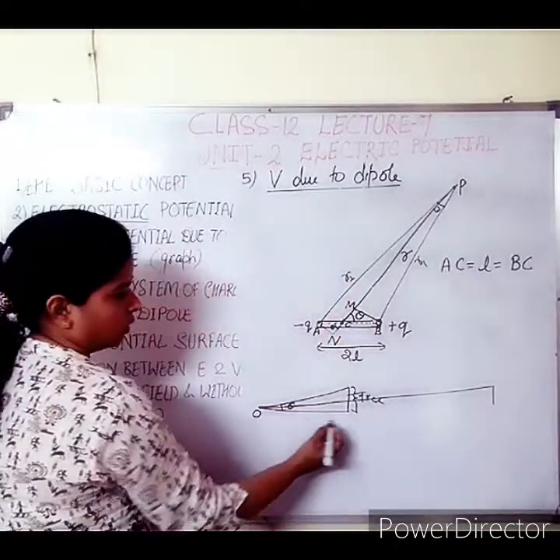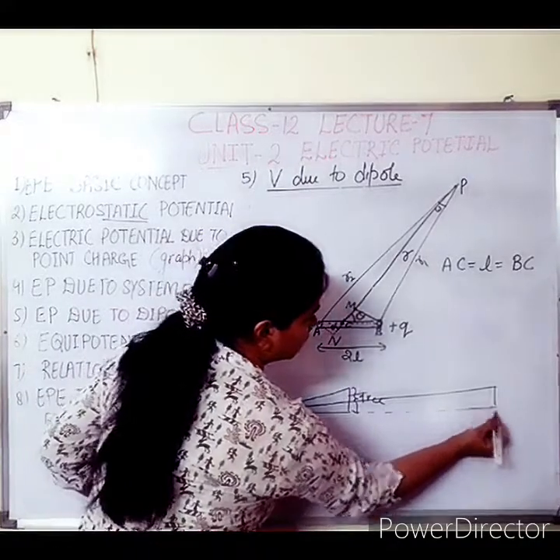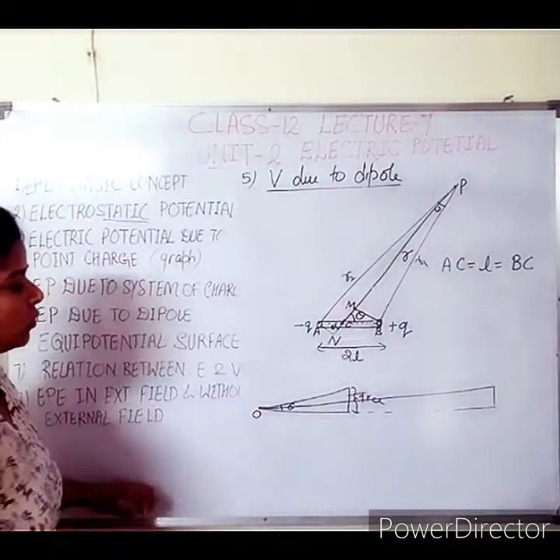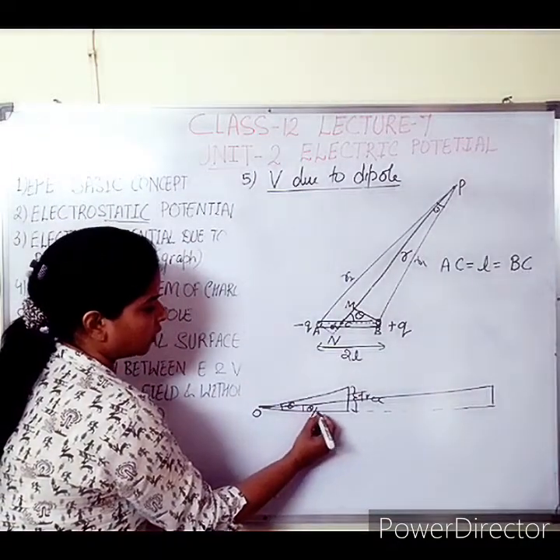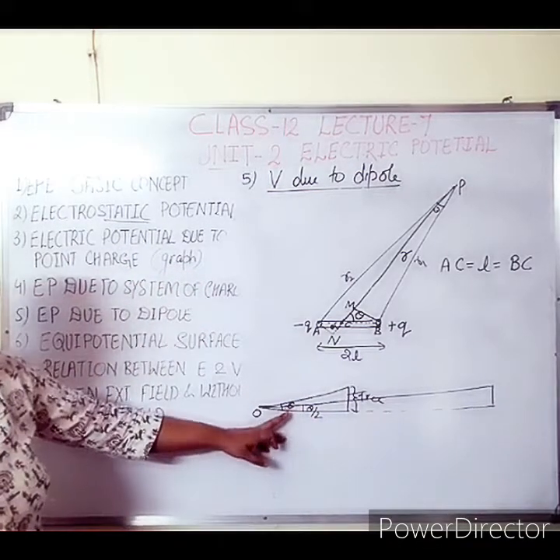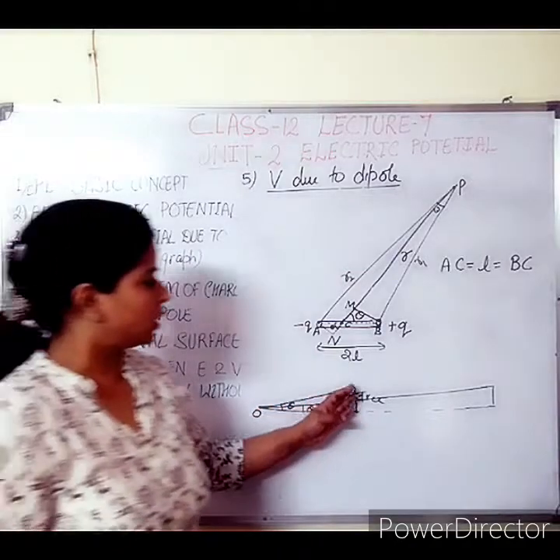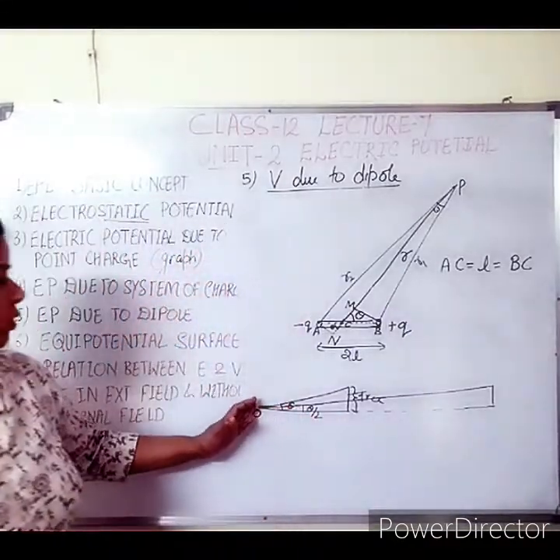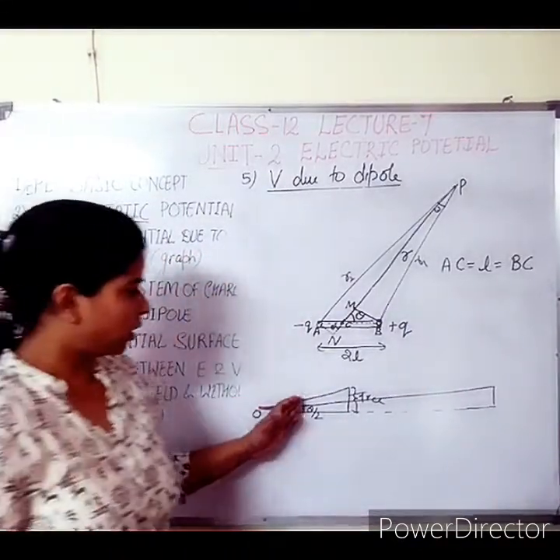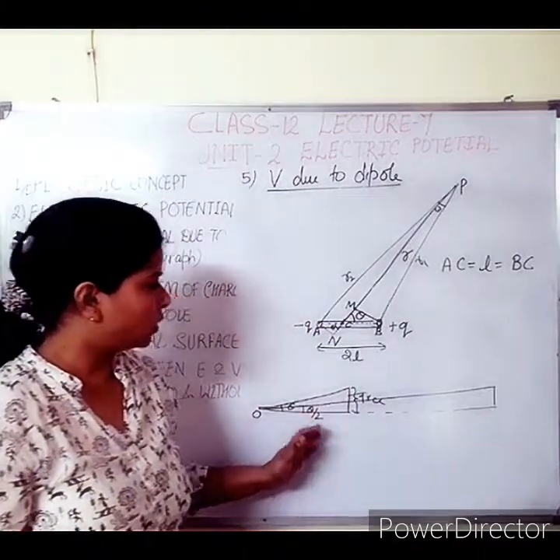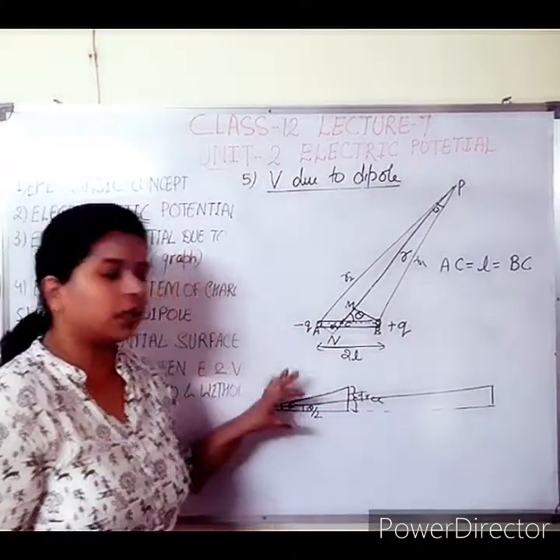Now the same tree which is very far from the point of observation is making at least half of the previous angle. If it was theta, it is almost theta by 2. So if the object is very far from the point of observation, then the angular position of the object becomes very small.